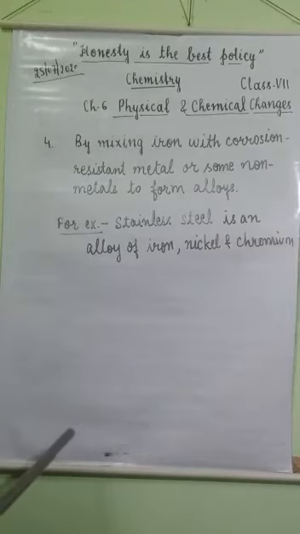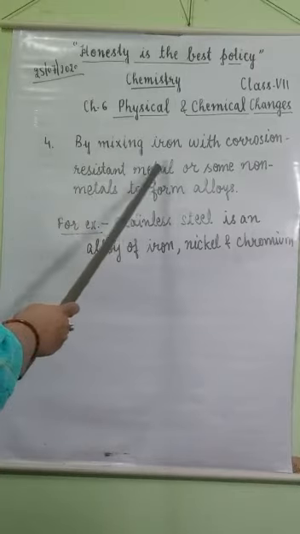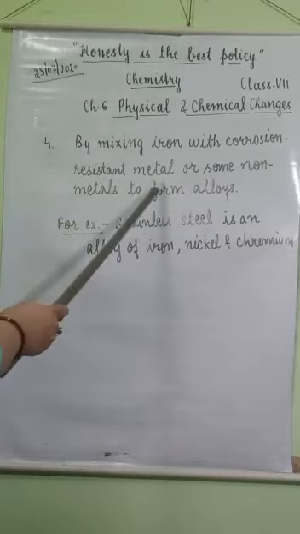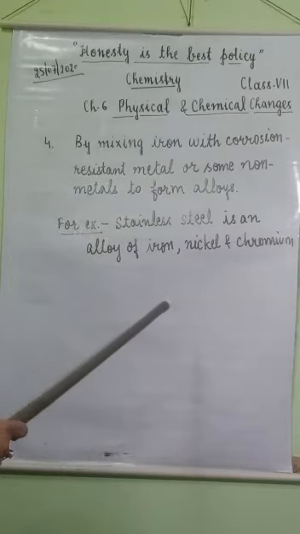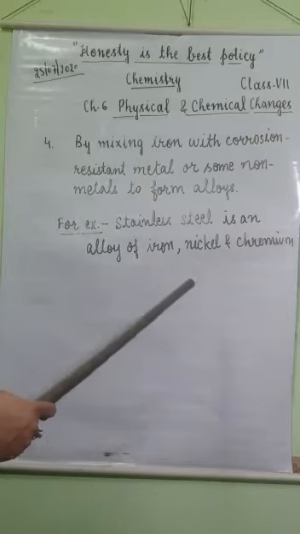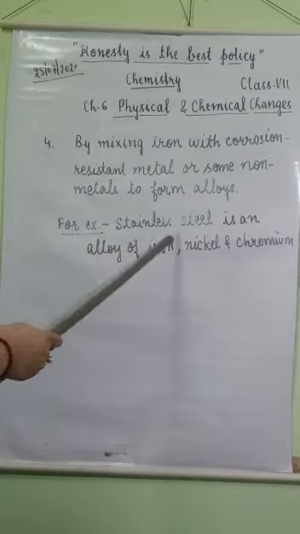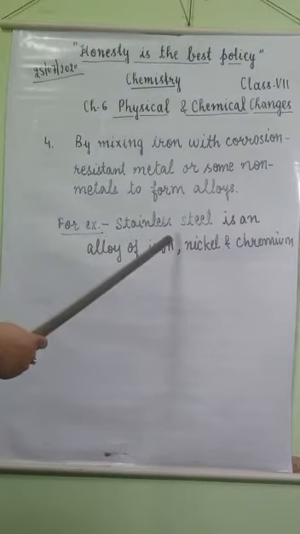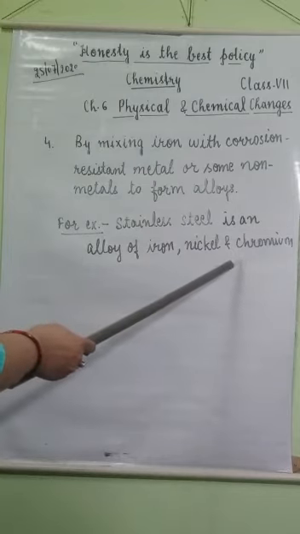Another way by which we can prevent rusting is by mixing iron with corrosion resistant metals or some non-metals to form alloys. An alloy is a mixture of two or more metals or non-metals. Like stainless steel is an alloy which is made up of iron, nickel and chromium.